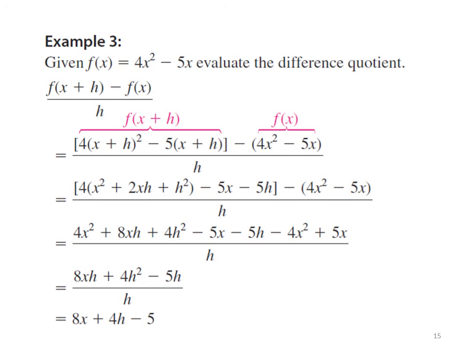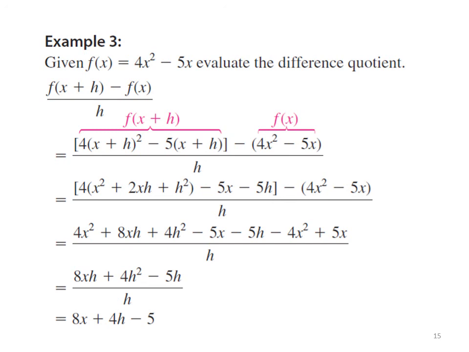Next, you want to simplify this expression. Multiply 4 by this bracket, you get 4x squared plus 8xh plus 4h squared minus 5x minus 5h. Now you can open this bracket, you get minus 4x squared plus 5x, since minus minus will be plus.